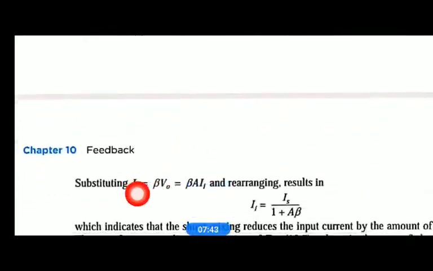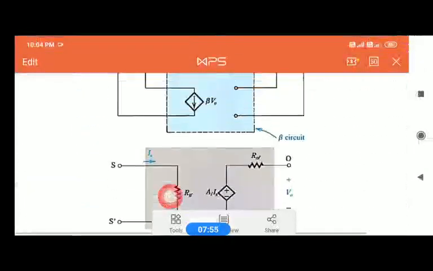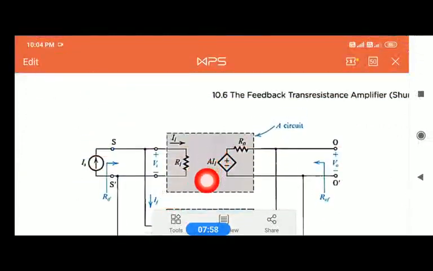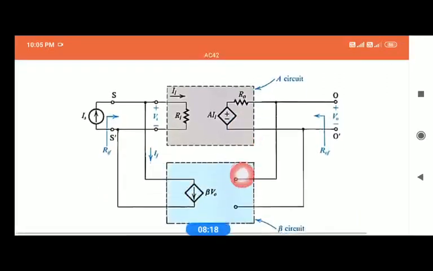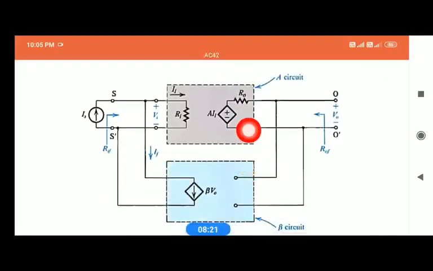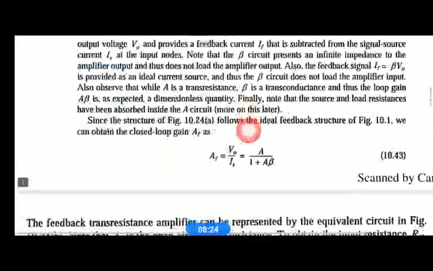Since we know from the above diagram that IF is equal to beta V0, and according to the open loop gain, A is equal to V0 by II, therefore we can write V0 is equal to A into II.